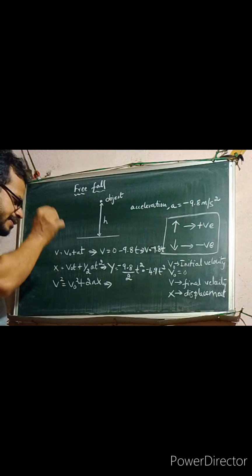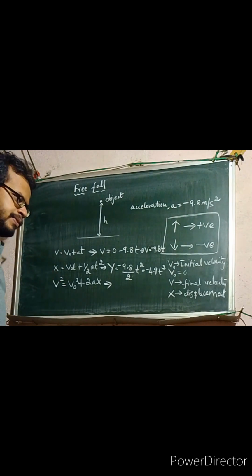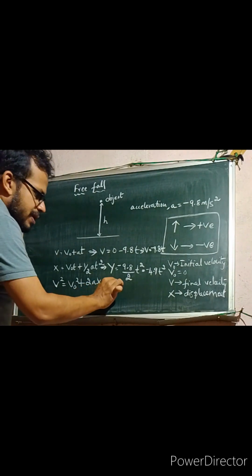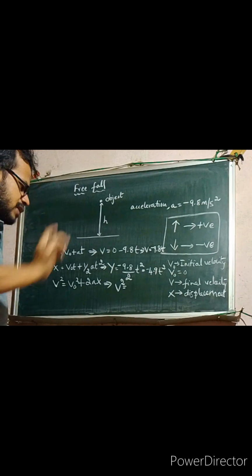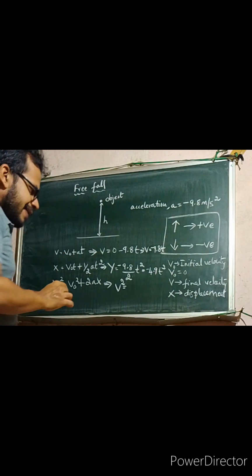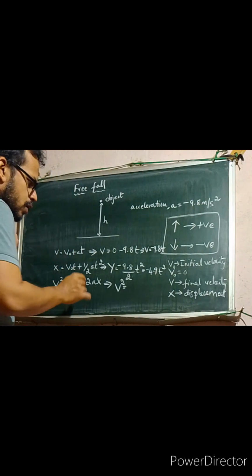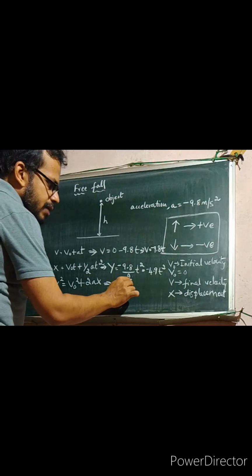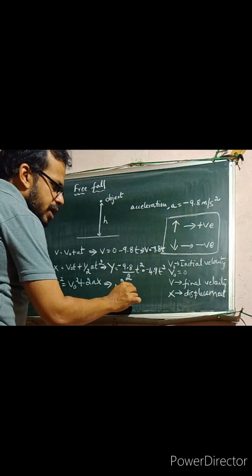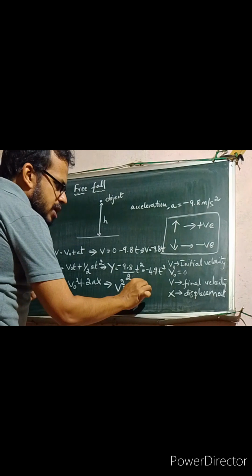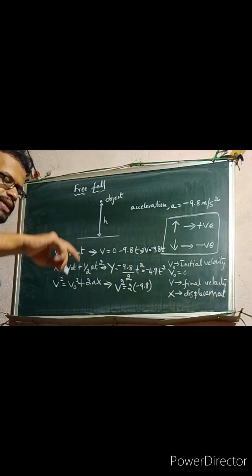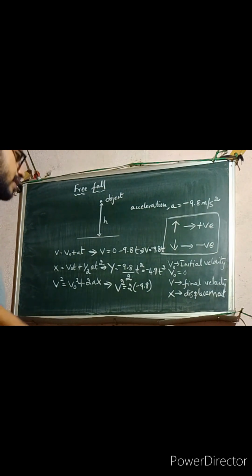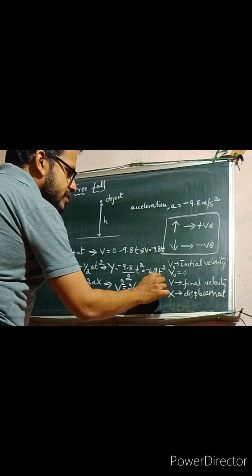And here, the last equation, v square, is the square of the final velocity. This will be v square equal to v naught square, which is 0, eliminated that, so that is equal to 2ax. So 2 times minus 9.8 into x. What is x? X is the displacement that we have considered, y.